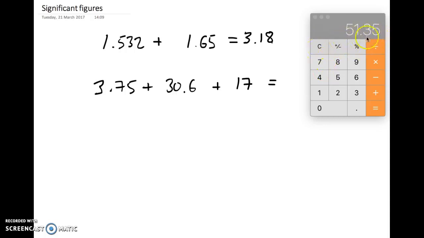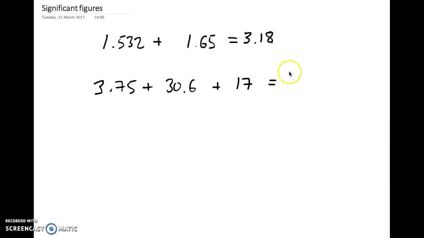But we can't write this down because this is to the precision of hundredths. Actually our least precise number is here, which has a precision of ones. So we'll have to round down in this case. So we end up with an answer of 51.